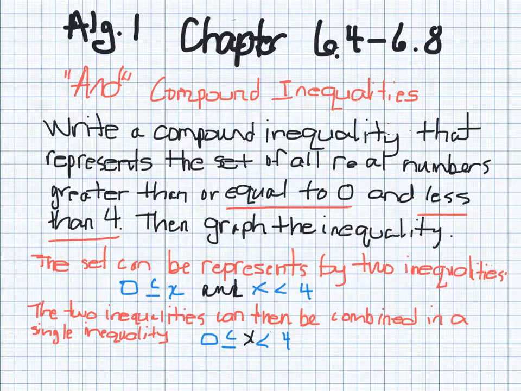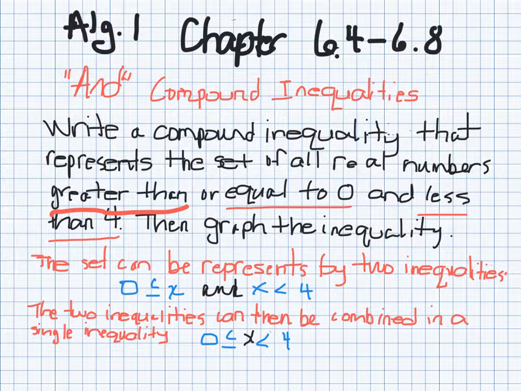In this case, it's asking you to write a compound inequality that represents the set of all real numbers greater than or equal to 0 and less than 4. This should be underlined right here: greater than or equal to, and less than 4.